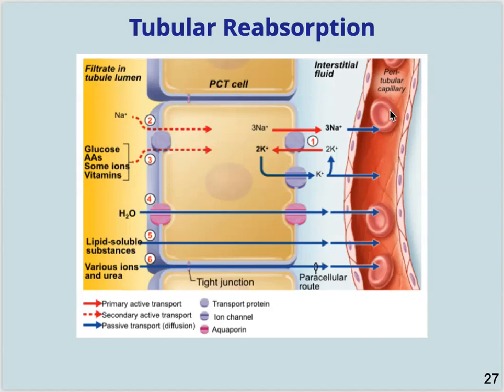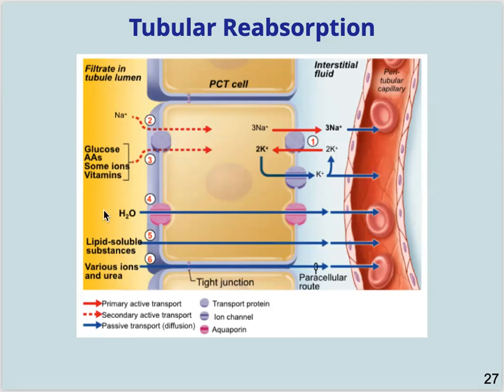And 99% of glomerular filtrate, meaning the solutes that get filtered through the filtration membrane and end up in the proximal convoluted tubule, 99% of that is reabsorbed by the nephron and put back into the capillary. And water then later follows by osmosis.